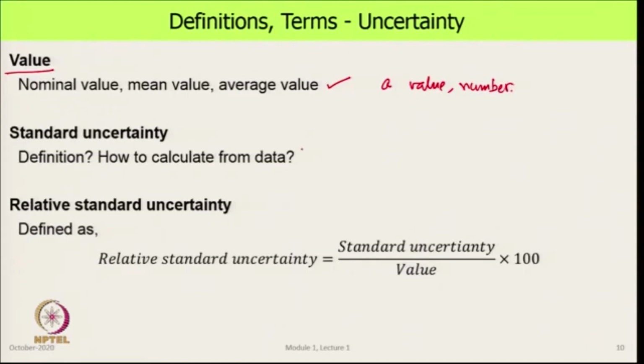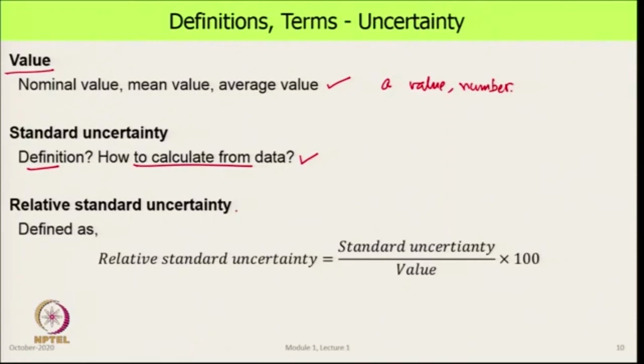Then we have standard uncertainty, we will define what it is, and we will also learn the process of how to calculate it from data. Or in the absence of data, if you have some information, say accuracy of an instrument, how can I calculate the standard uncertainty from that type of information? We will learn that also.